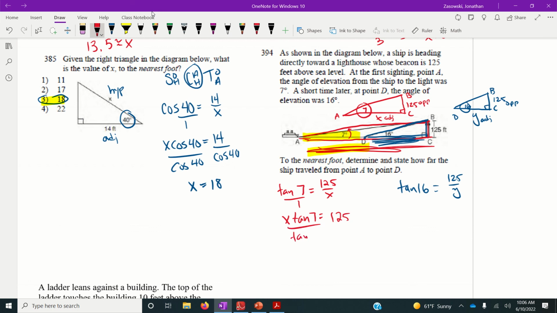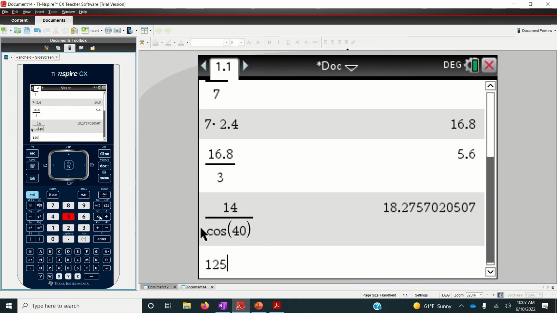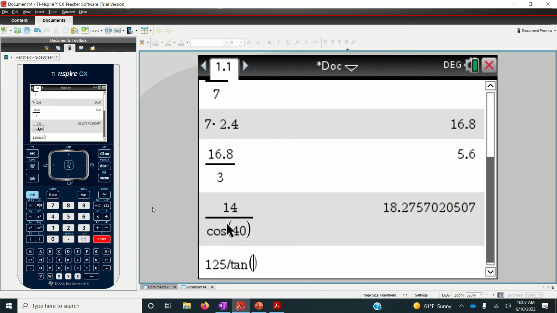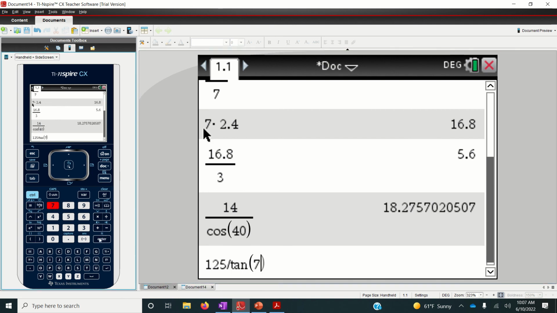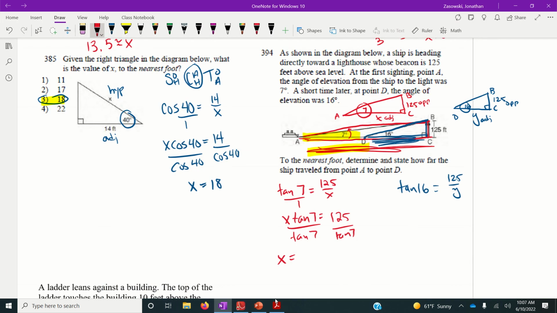So we're going to have to divide out by the tangent of 7 to get the answer. And so we should get X is equal to, so 125 divided by the trig tangent of 7 gives us 1018 and change. We'll go 0.043, 1,000 I should say, 1018.043. And you can keep writing this out, but 3 decimal places should be appropriate.